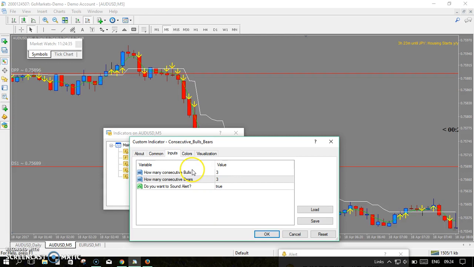If there's 3 bullish candles in a row, an arrow will appear. If there's 3 or more bearish candles in a row, an arrow will appear. So as you see here, 3 candles appeared here. There's another arrow. Another one appeared. Another arrow comes. So it's basically showing consecutive candles of the same type.